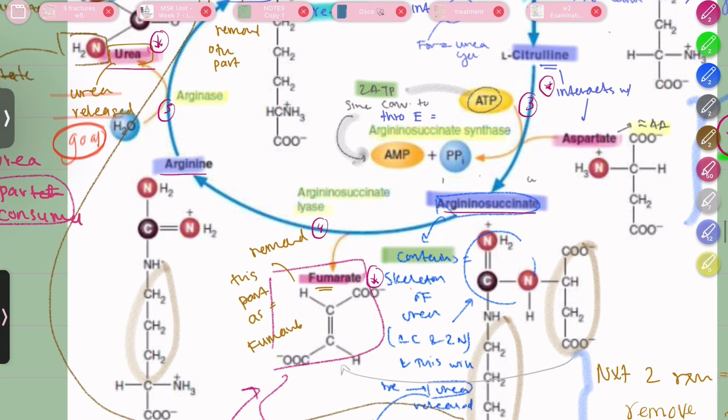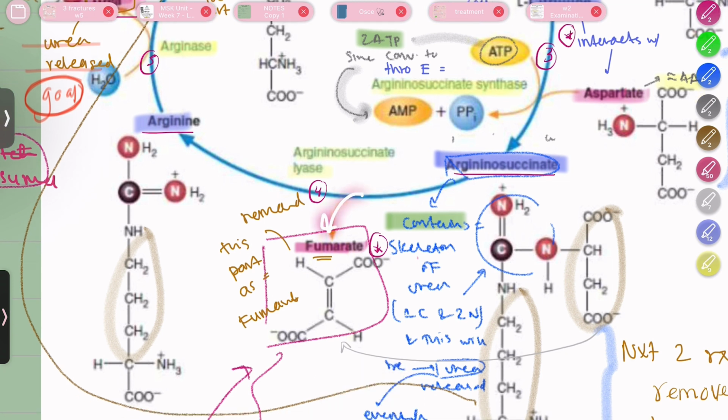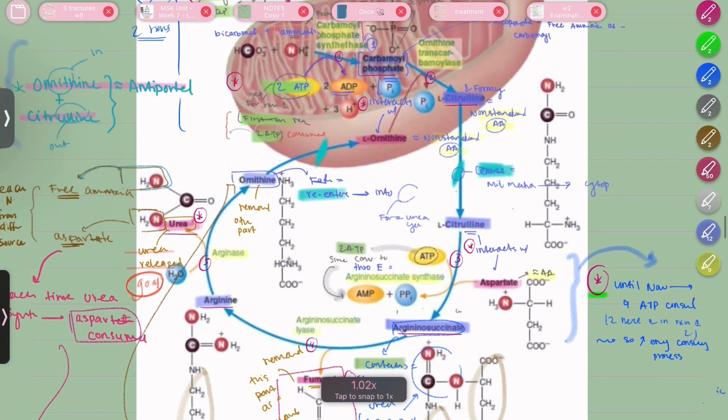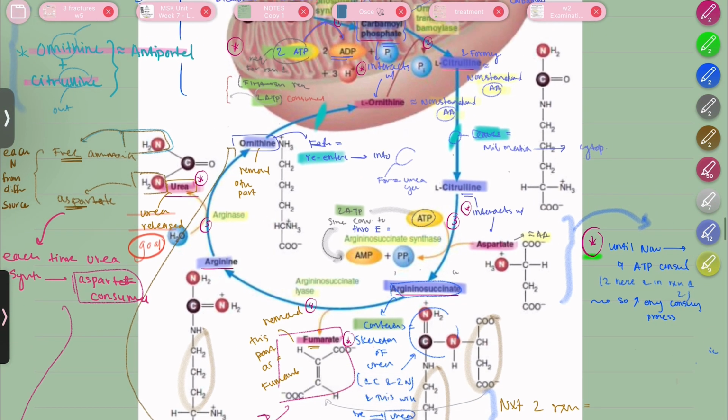So in reaction number 4, argininosuccinate will be converted into arginine by the argininosuccinate lyase. As you can notice, we have released a fumarate in this reaction, and that is one of the compounds that needs to be removed. So if you notice again, ornithine here was incorporated, which are the pink ones.